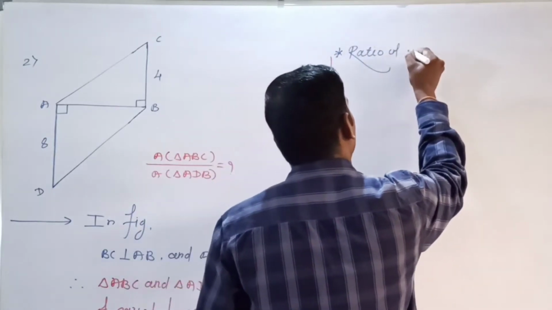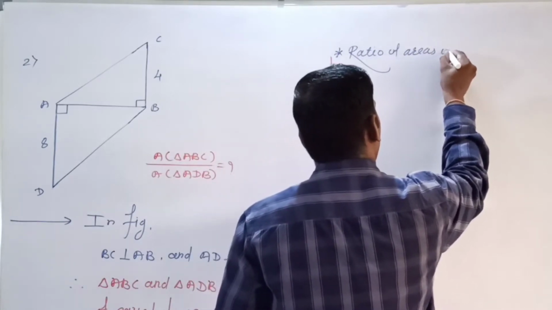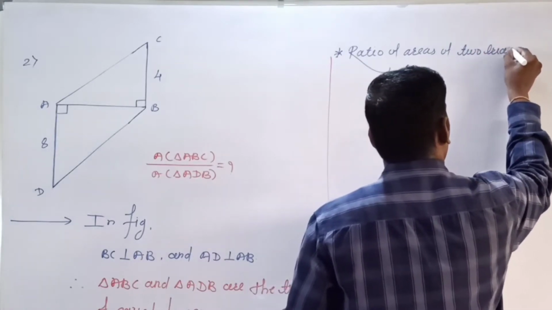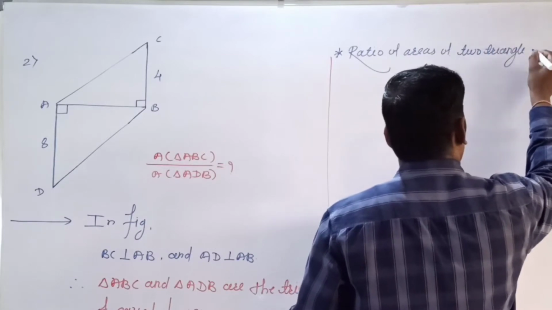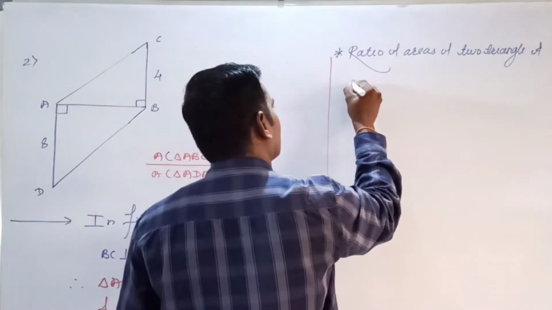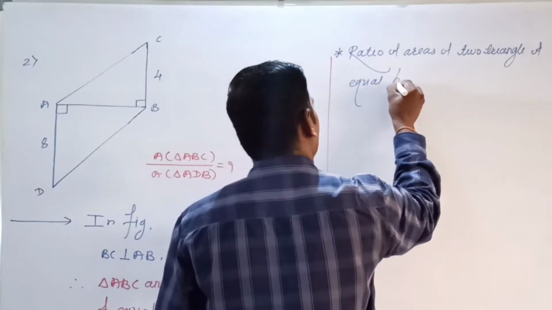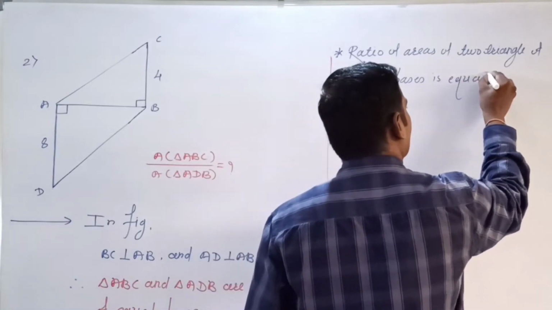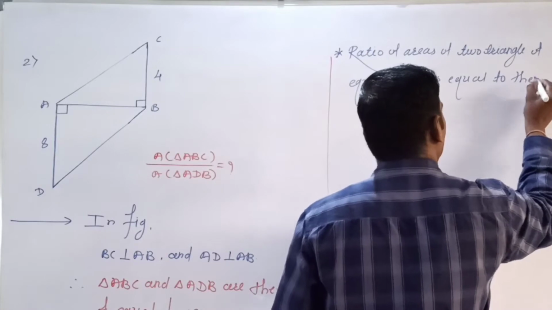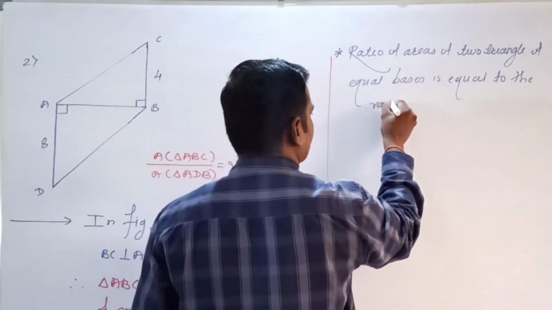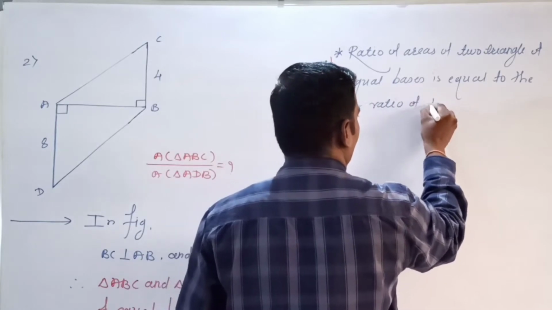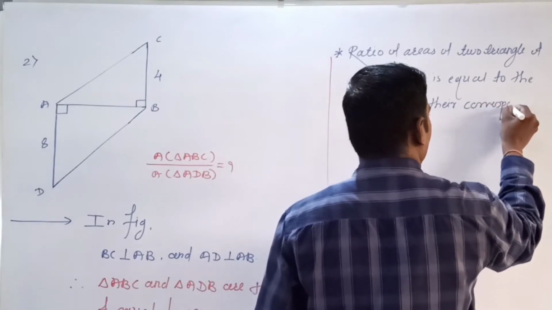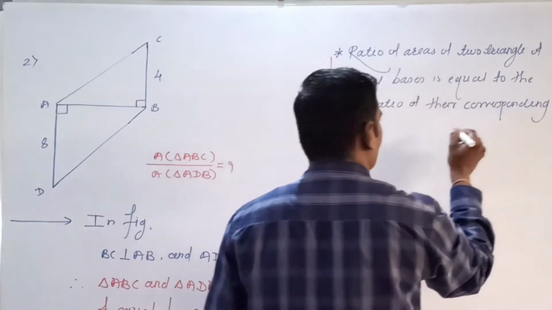Ratio of areas of two triangles of equal bases is equal to the ratio of their corresponding heights.